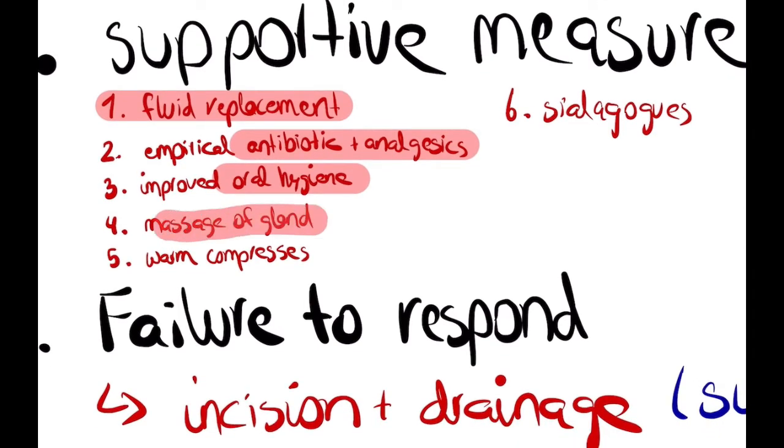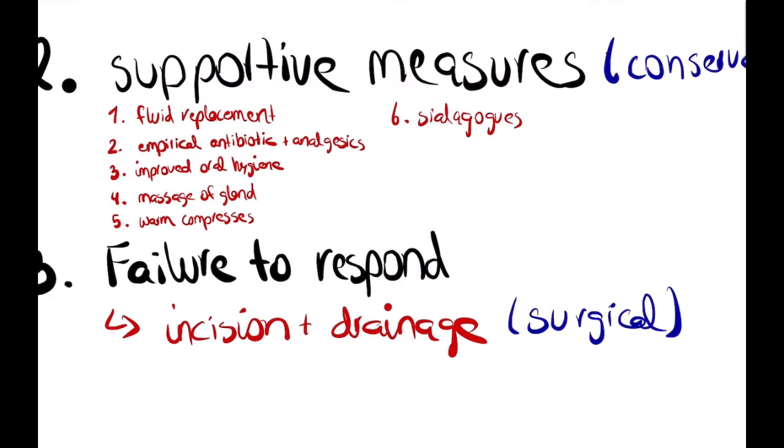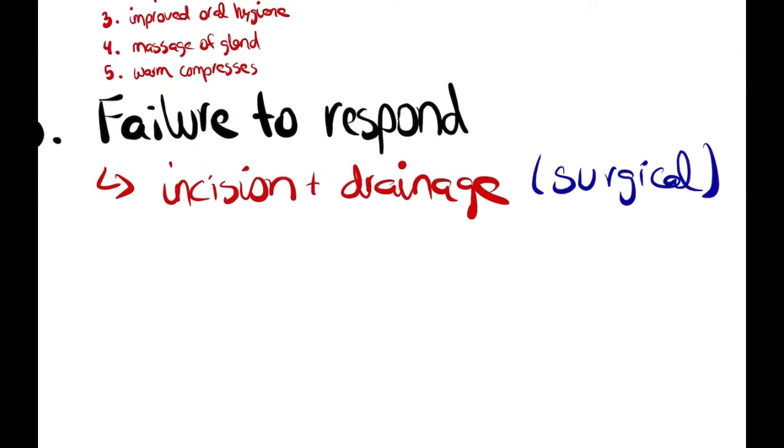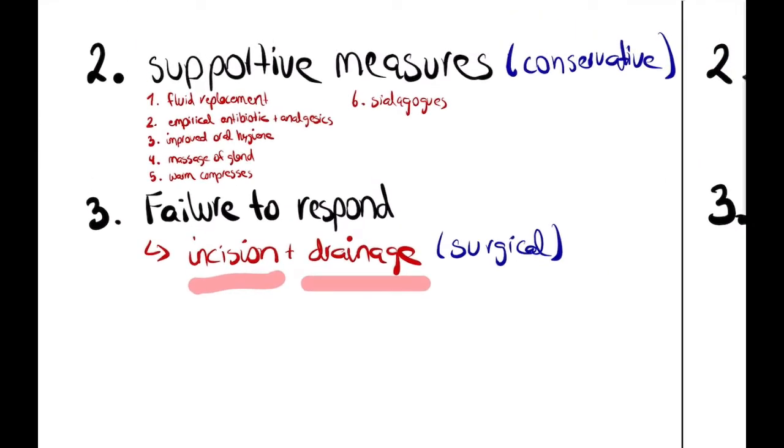You massage the gland, give warm compresses on the gland, and sialogogues, and saliva substitutes. These are all conservative measures, and if the parotid gland fails to respond, you do incision and drainage as a surgery.